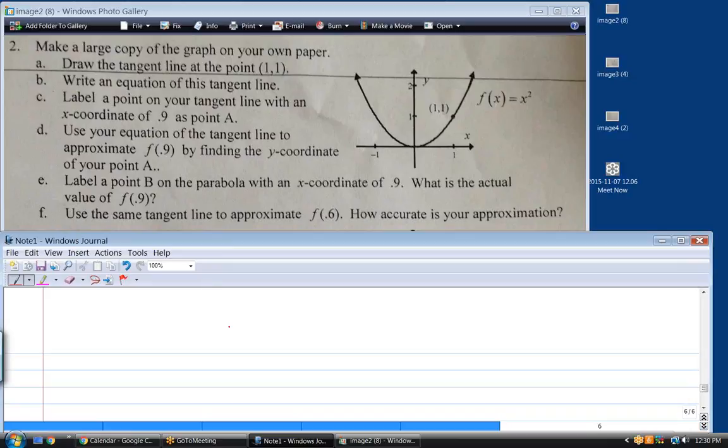Since this is such a critical capability, let's make sure you can do it without me telling you anything. What's the equation of that tangent line? Would it be y minus 1 equals 2 times x minus 1? Yeah.